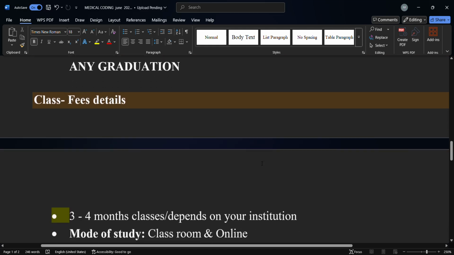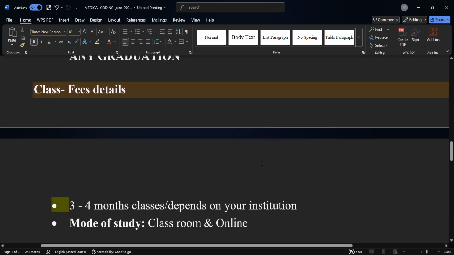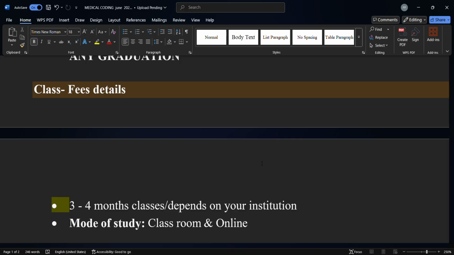And fees details actually depend on your institution. There are a lot of institutions in India, and their fees are entirely different. The medical coding classes are 3 to 4 month classes, so fees depend on your institution.